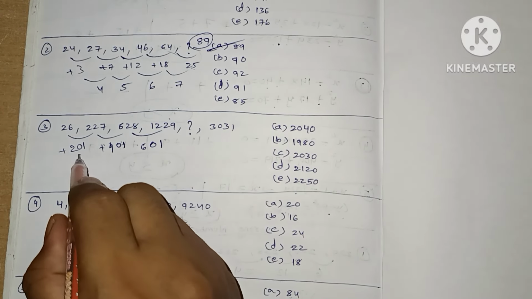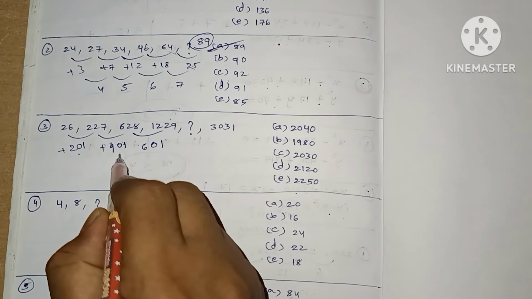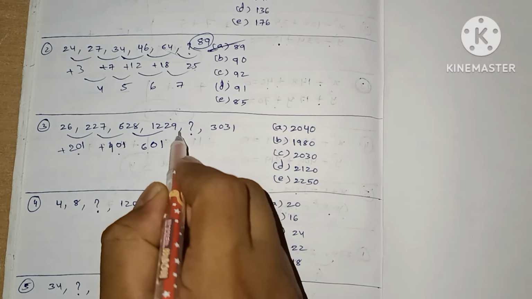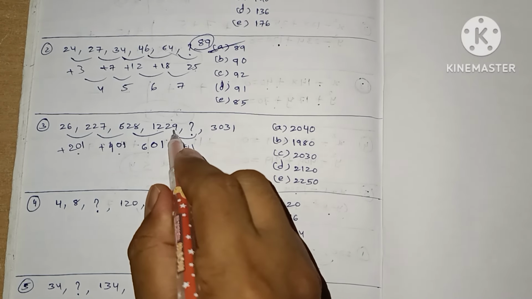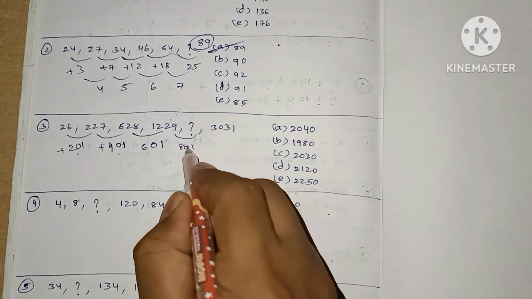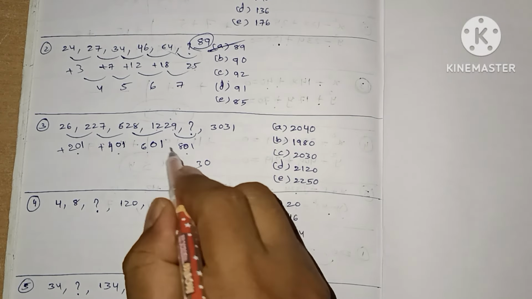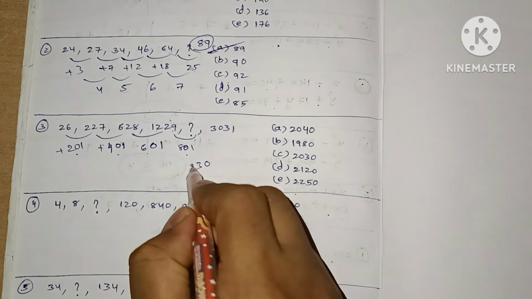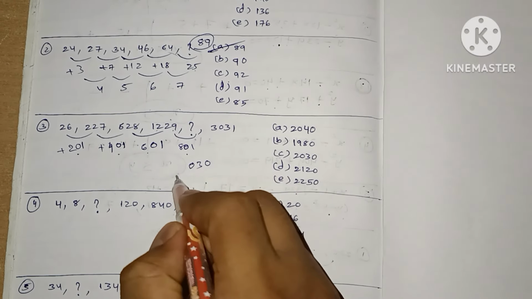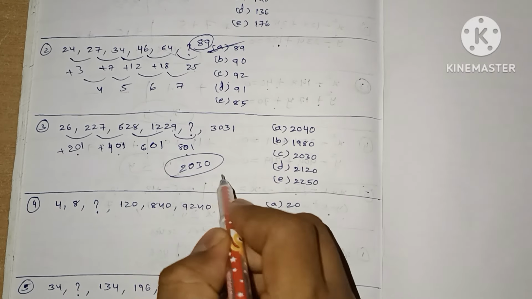So 201 plus 200 will be 401, plus 200 will be 601, plus 200 must be 801. So adding 1229 plus 801 we get the value of 2030. So 2030 is our answer.